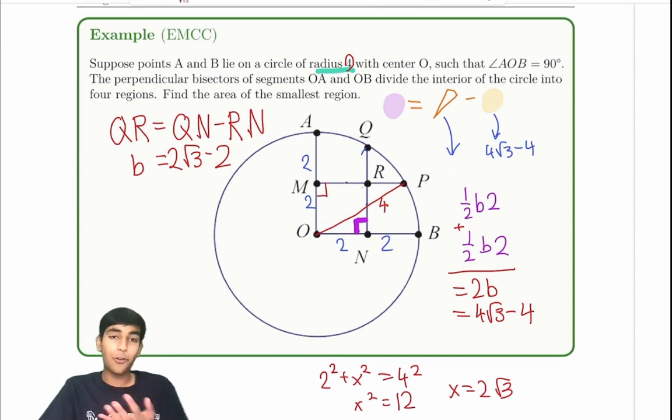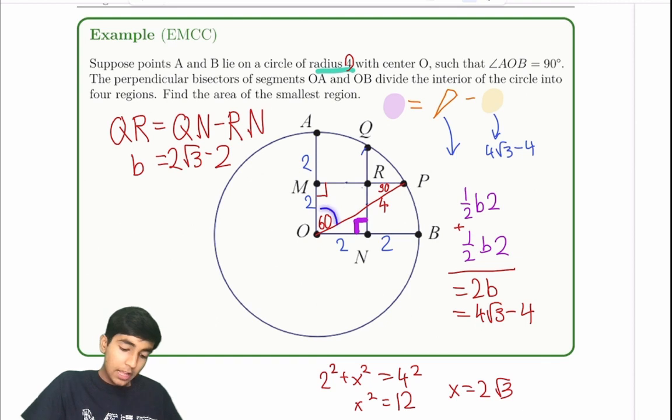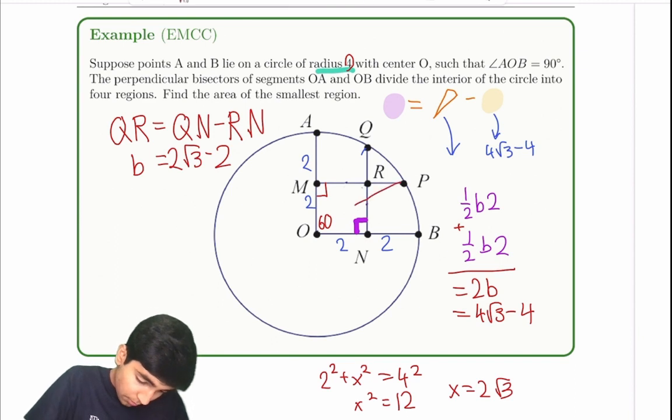So it's again another 30, 60, 90 triangle. So that means this angle right here is 60, and this is 30. Because we know that hypotenuse double the leg, and right triangle means it's 30, 60, 90. So we know this angle is 60, and I'm going to bring this back. Remember, we discovered earlier that this angle over here was 60.